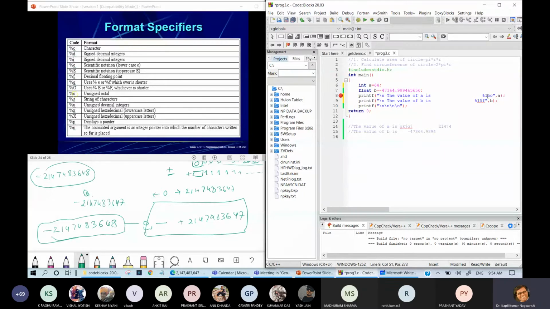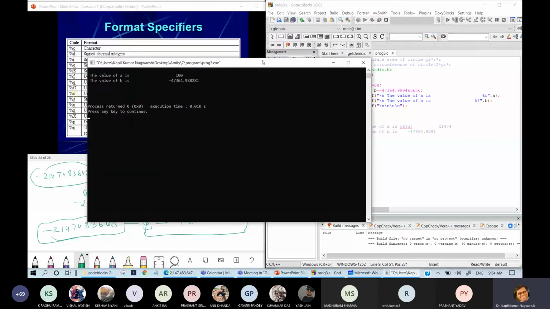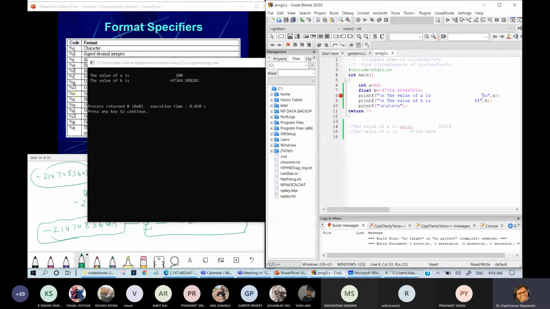So what will be the answer? I am not writing percent 15 O, I am simply writing percent O, and this is percent F. The answer will be 100. Okay, let us see. The value of A is 100. Why is this 100 coming? If you divide it by 8, with modulo division, then it will give you 100.